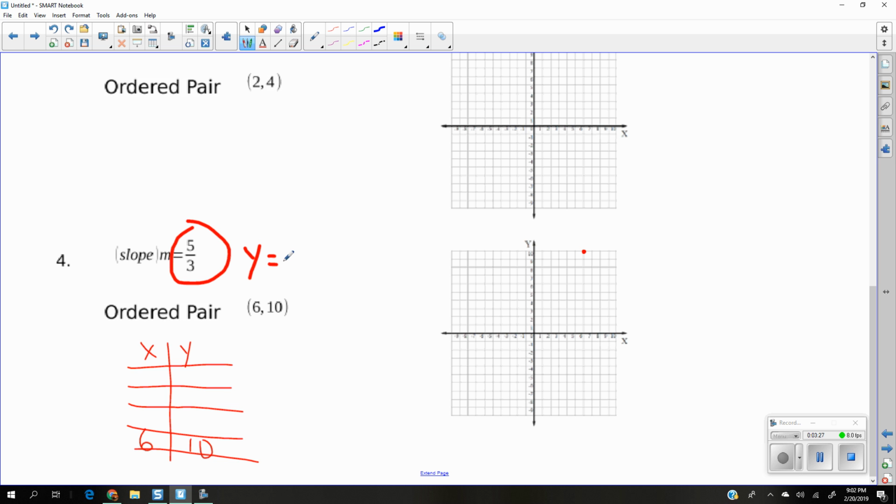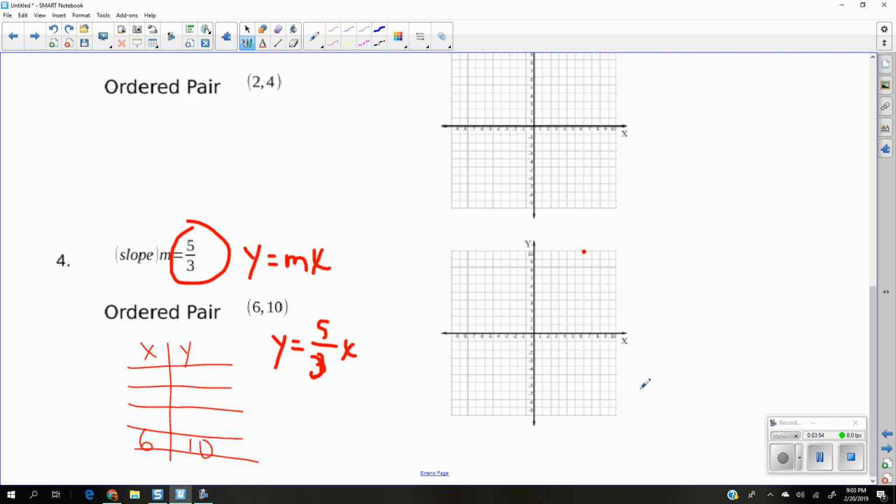Y equals M times X, right? So if the slope is 5/3, that means Y equals 5/3 times whatever X is. And in this case, it's 6.